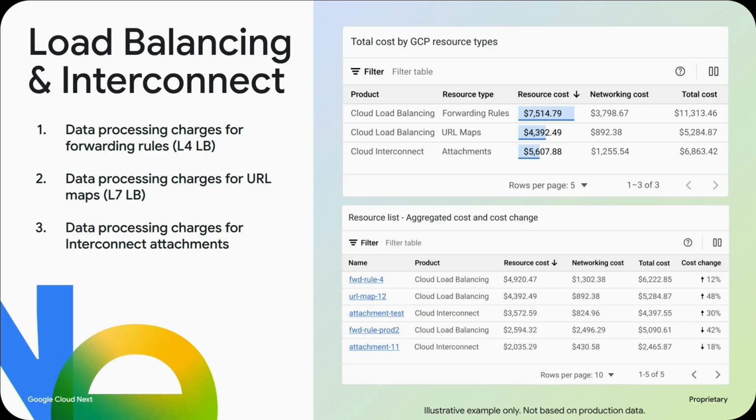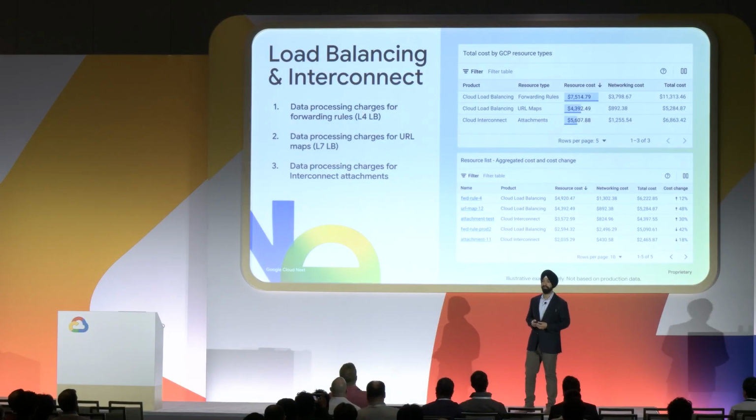So imagine if you're a platform admin and you're using a shared VPC to host centralized load balancing services to multiple applications. All you have to know is which forwarding rule or which URL map they're using, and you can immediately tell how much that cost you in data transfer and data processing.